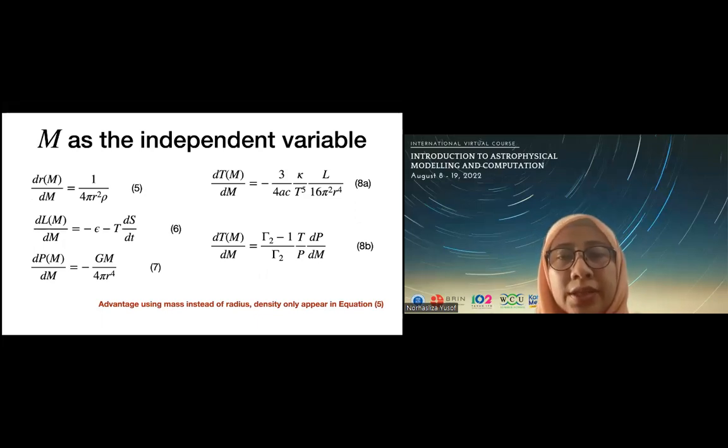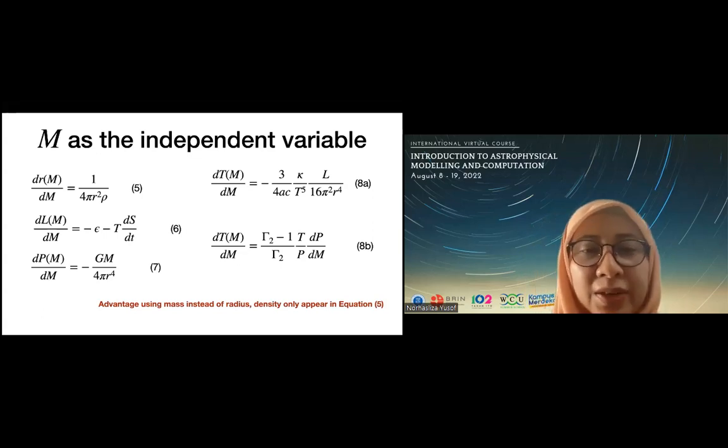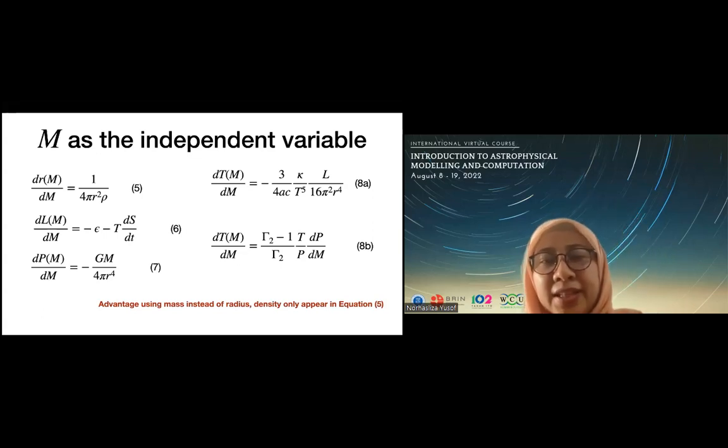But what is the difference? The change will be in the pressure. I don't put the equation of density here, but the changes will be in the density of the neutron star.